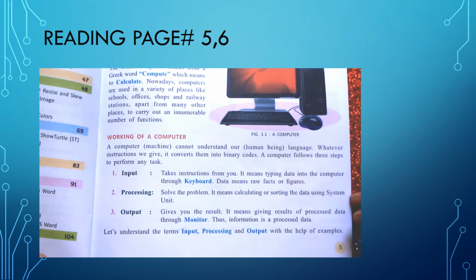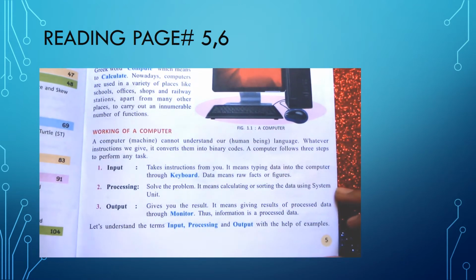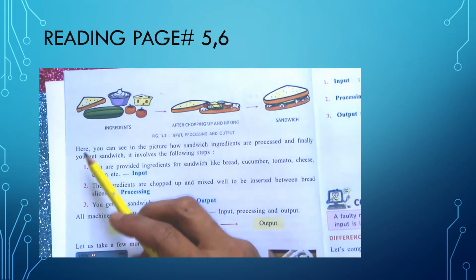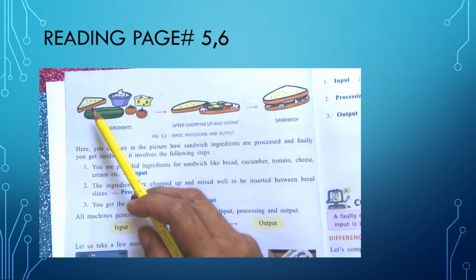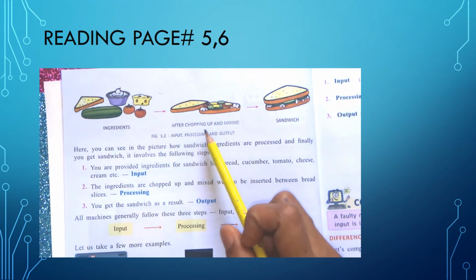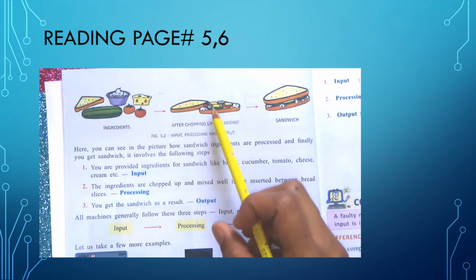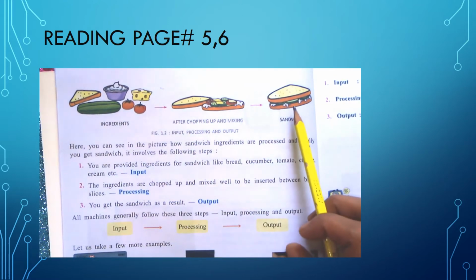Let's understand the terms input, processing, output with the help of an example. Look at this picture. Here are some ingredients: cucumber, cheese, tomato, butter and bread. After chopping up and mixing and applying all these ingredients on bread, what do we get? Sandwich.